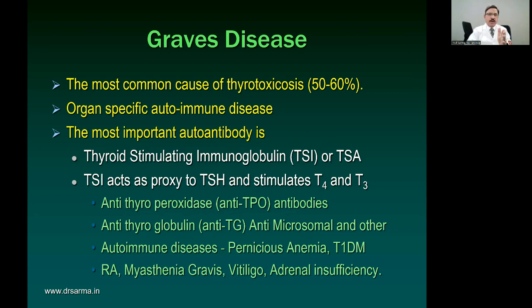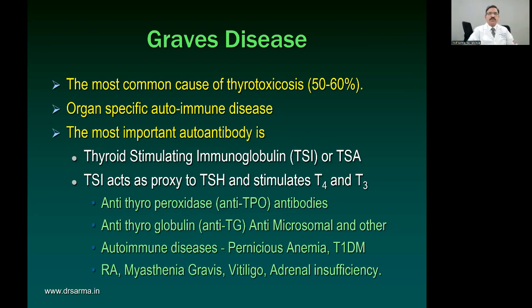The autoantibody mimics the TSH, and so the thyroid gland thinks the TSH has come and reacts to the autoantibody. The most important antibody is thyroid stimulating immunoglobulin, also called TSI or TSA. It is just like TSH in all purposes, but it is an autoimmune antibody. It acts as a proxy to TSH and stimulates both T3 and T4.